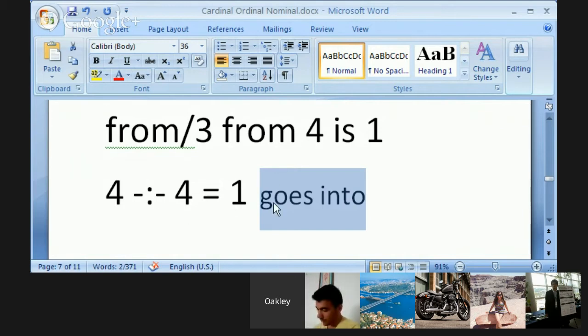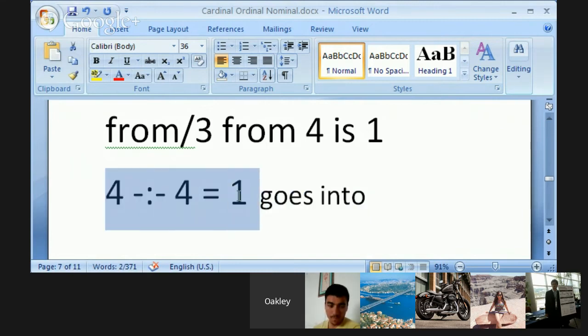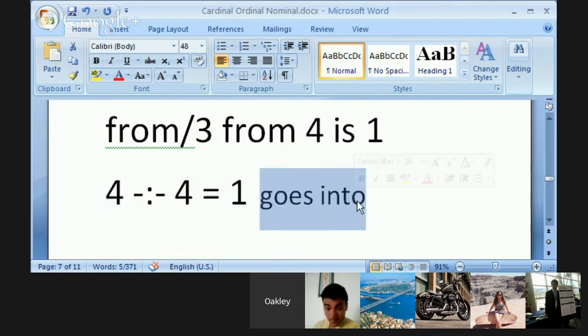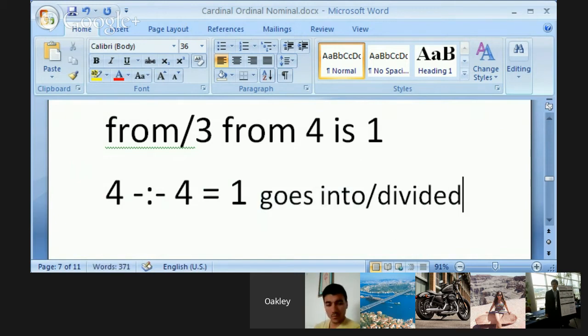Anyway, Emmanuel, do you know how to say this equation using the phrase goes into? 4 goes into 4. Uh-huh. And then how do you complete that? 4 goes into 4 one time. Very good. Excellent. Nice job. It's possible to give the answer with an ordinal. You may hear it. 4 goes into 4 once. 4 goes into 8 twice. Yeah, it's possible.